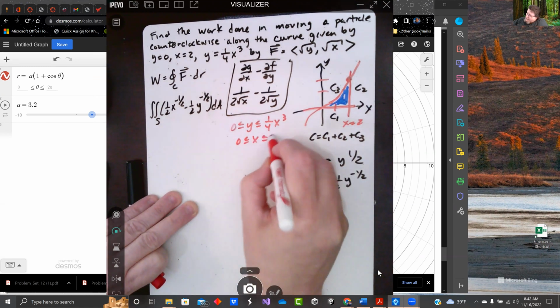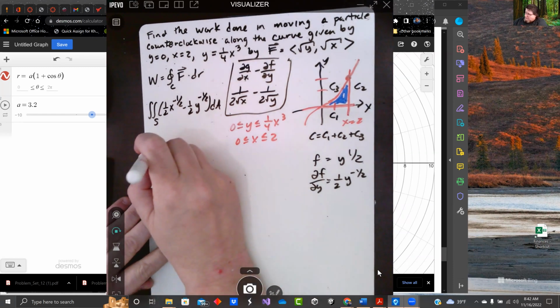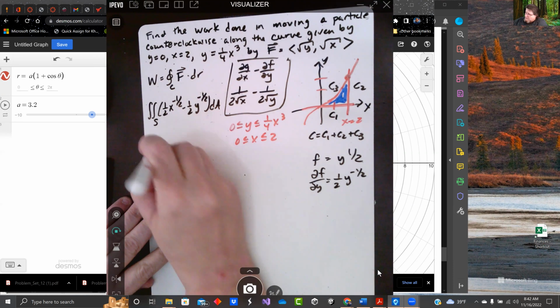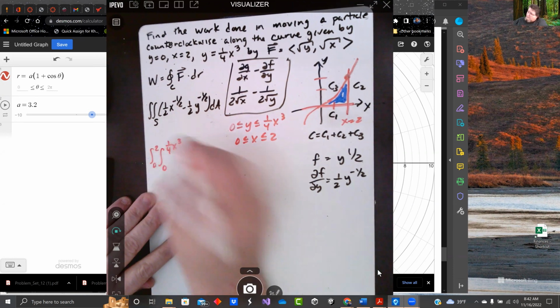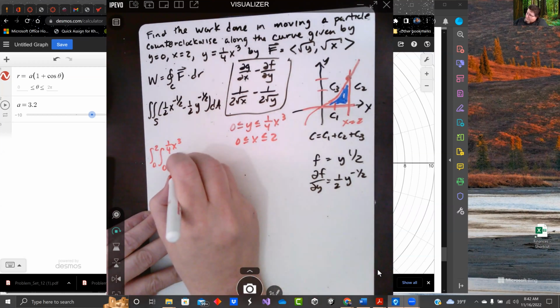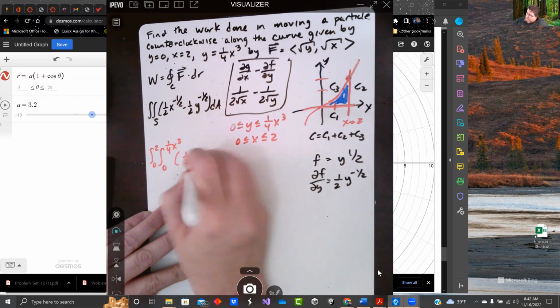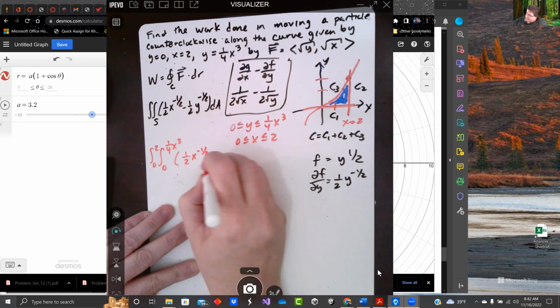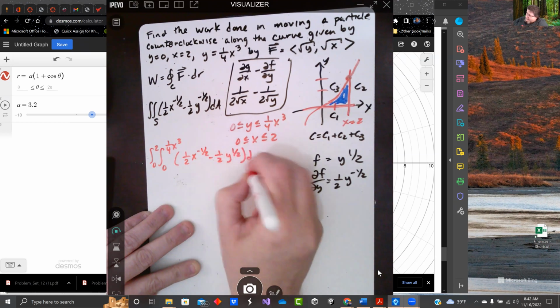That might be the easiest way to do it. And we're leaving it in what we have. So this will be dy dx.